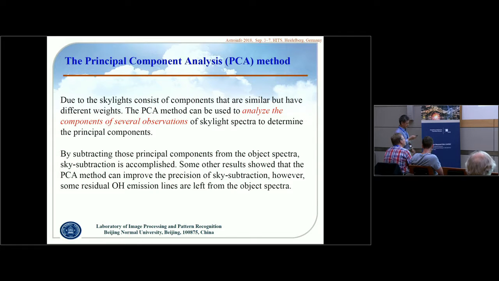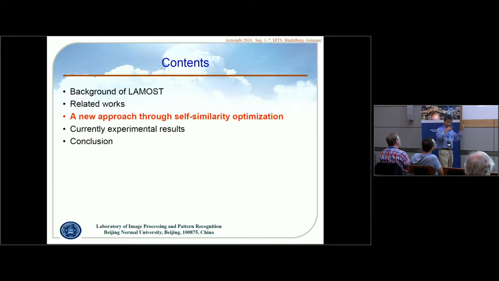The PCA method can get the main components of several operations, but it does not consider the spatial variation across LAMOST. From the focal plane of LAMOST, you basically assume the sky is uniform, but in fact the sky varies slowly over a larger region.